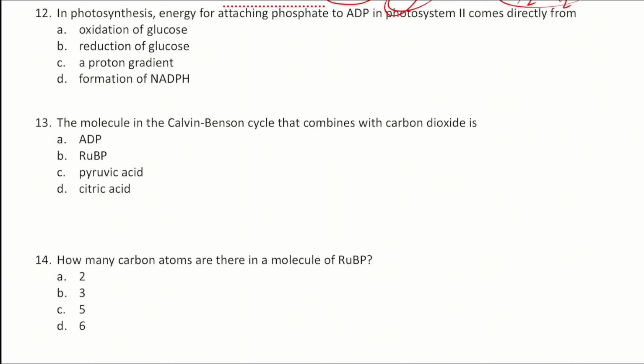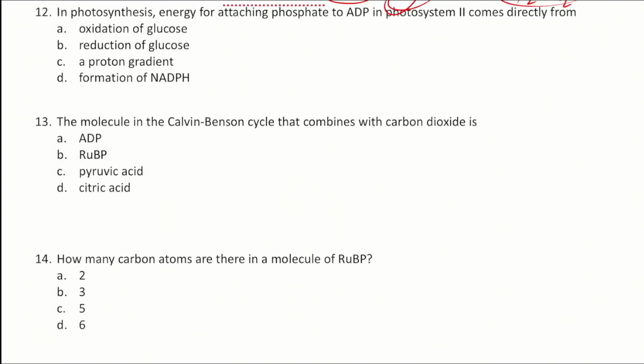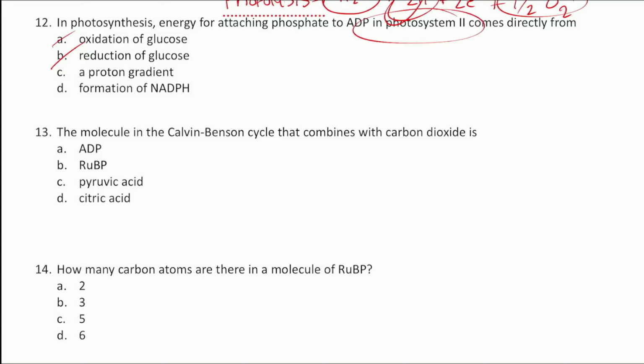So energy for attaching this comes from which of the following? So oxidation of glucose is not going to be true. Reduction of glucose is not going to be true either, because that doesn't happen within our light-dependent reaction. Photosystem 2 references our light-dependent reaction, and none of these first two options happen within the light-dependent reaction. So letter C and D.